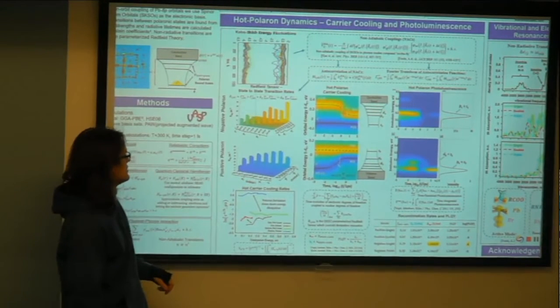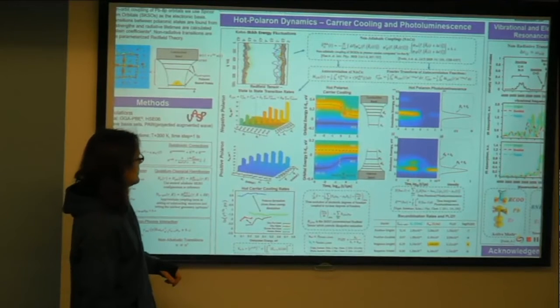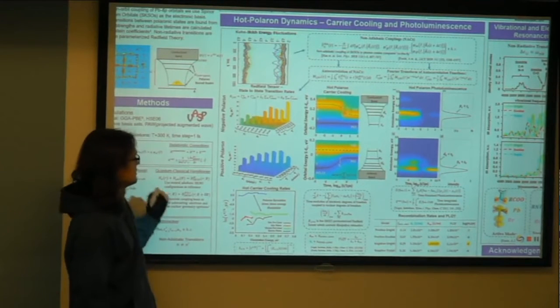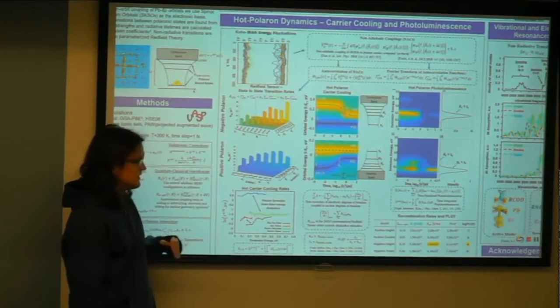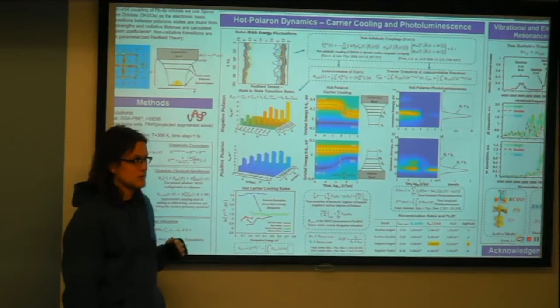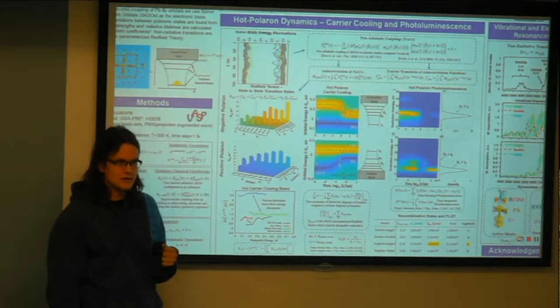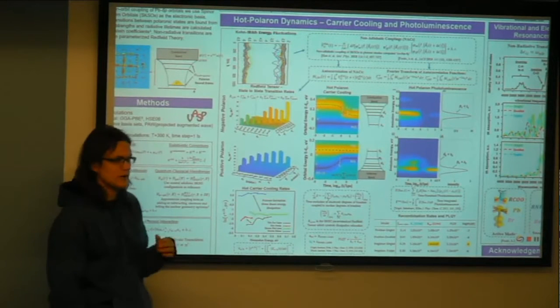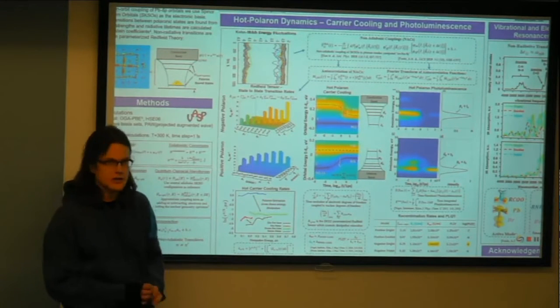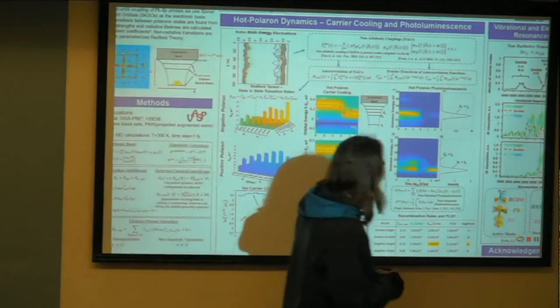So that's an indication that during the hot dynamics, the positive polaron will cool quicker, or interacts more strongly with the lattice, than the negative polaron. So it should cool quicker and it should have faster non-radiative recombination.